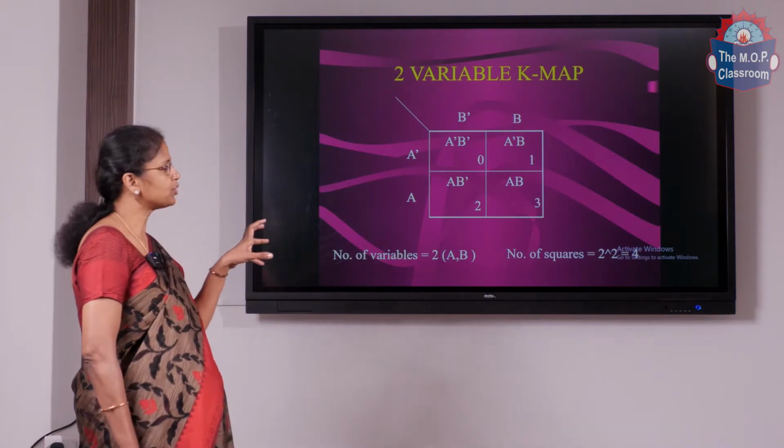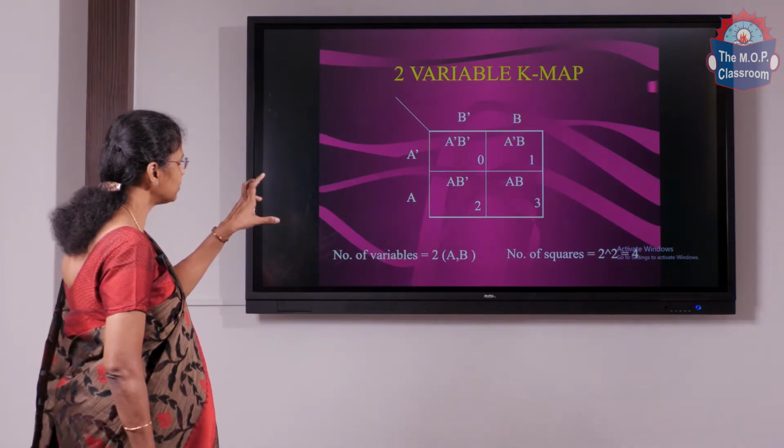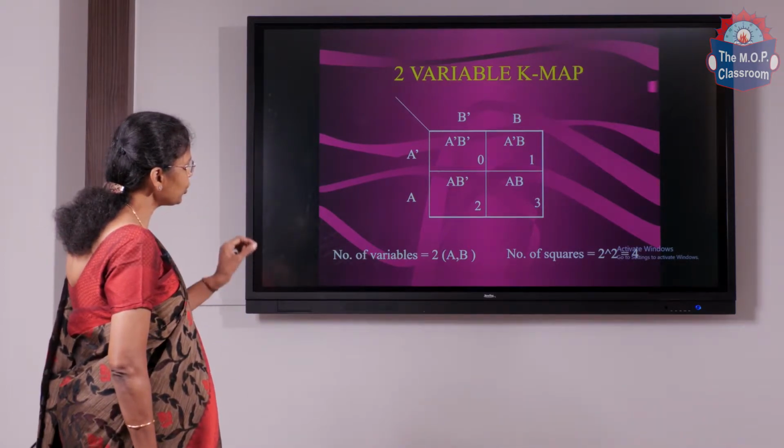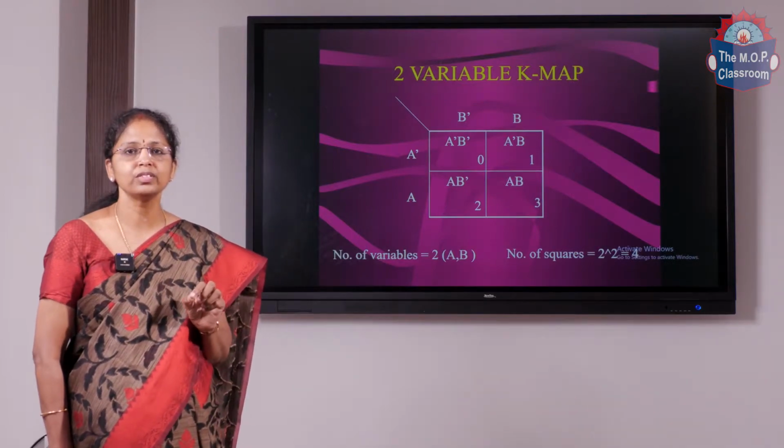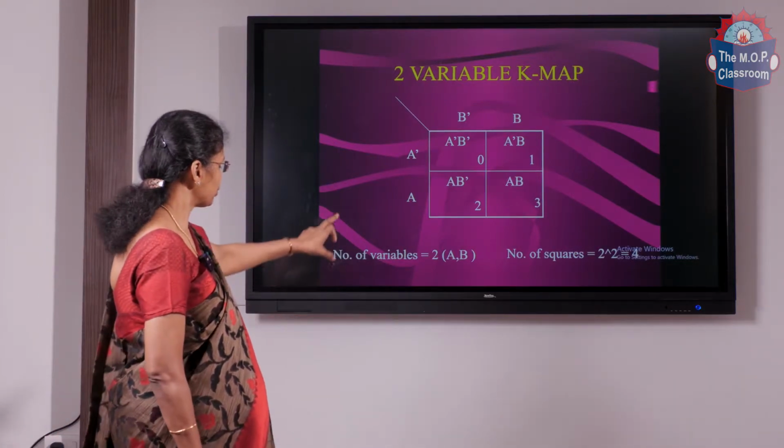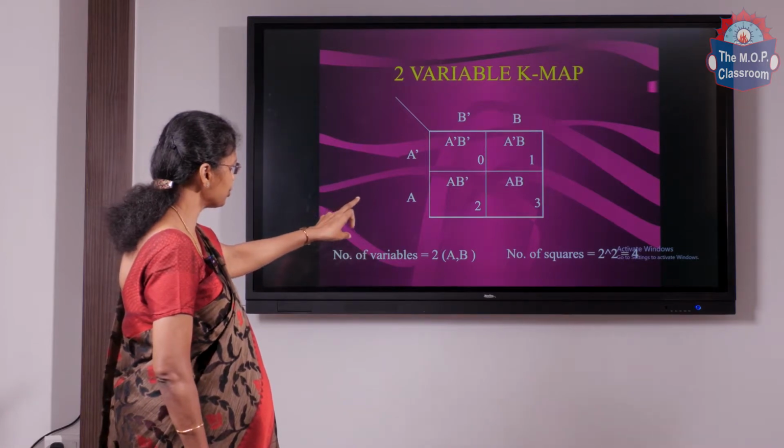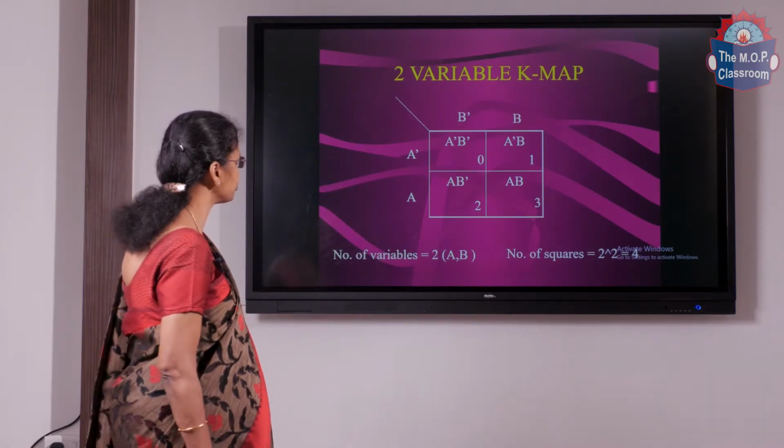Since it is difficult to remember this in terms of the variables, we use the numbering system: 0, 1, 2, 3.